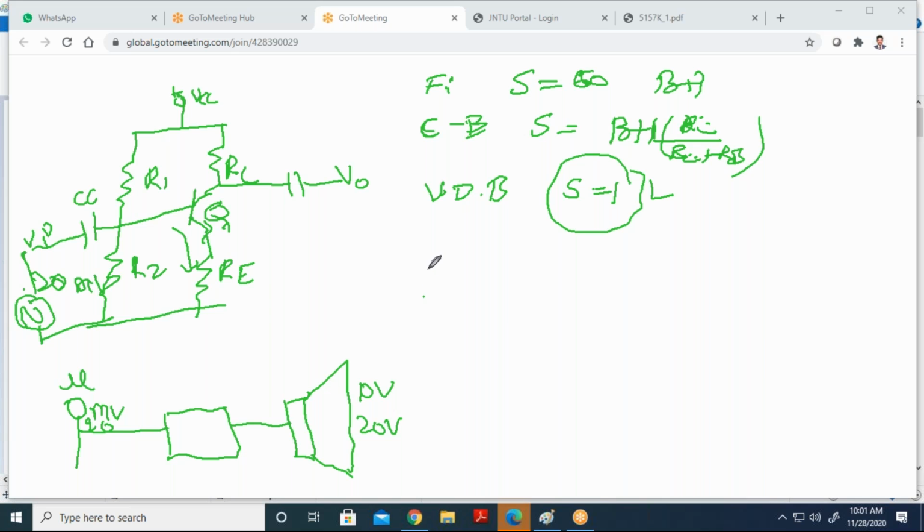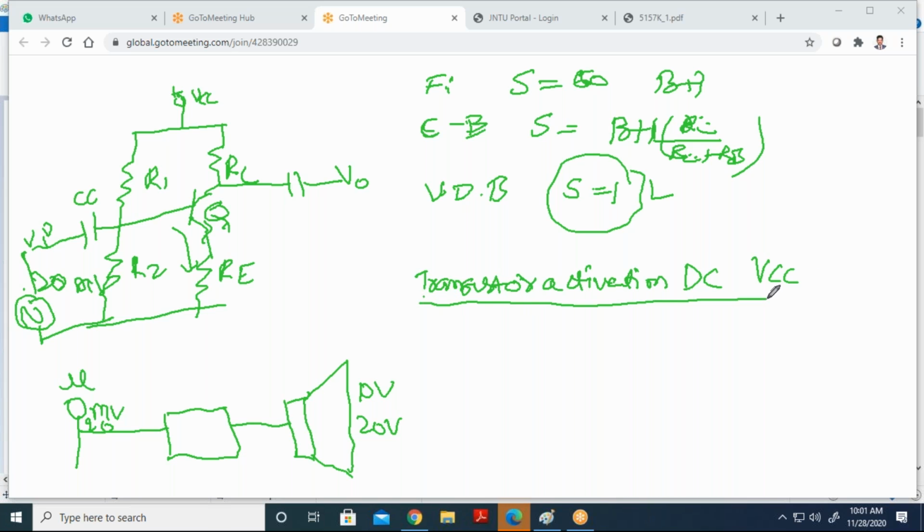Transistor activation done by DC supply. That is VCC, only activation. Just example, our college bus starting from LB Nagar to BIT.